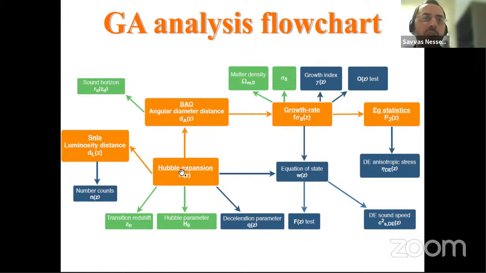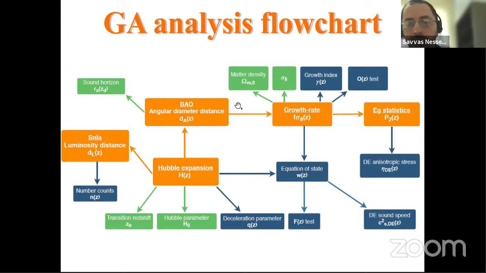From the cosmic chronometer data, we can get the transition redshift from deceleration to acceleration. From the growth rate data, we can get the growth index. I will discuss some of these in a moment. We can get the equation of state, the acceleration parameter, and so on. We can get lots of stuff. So in the paper, we mapped out all the possible stuff that we can get.